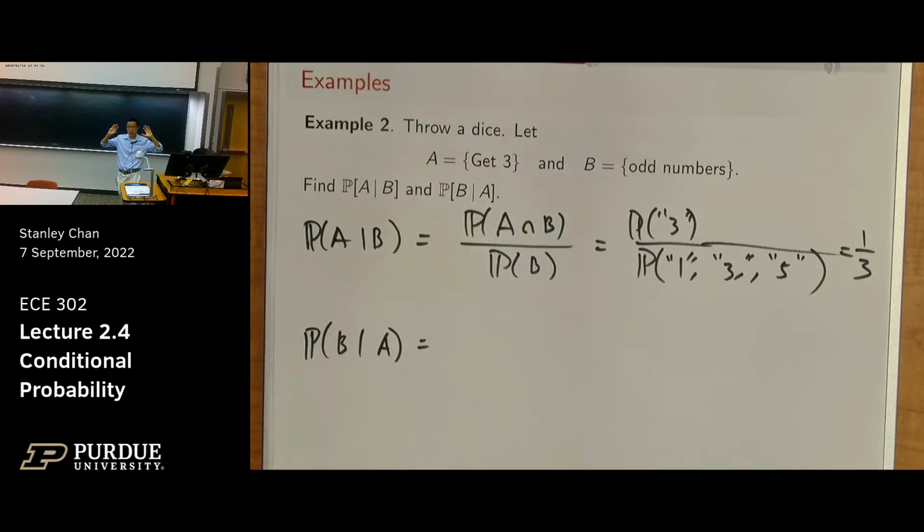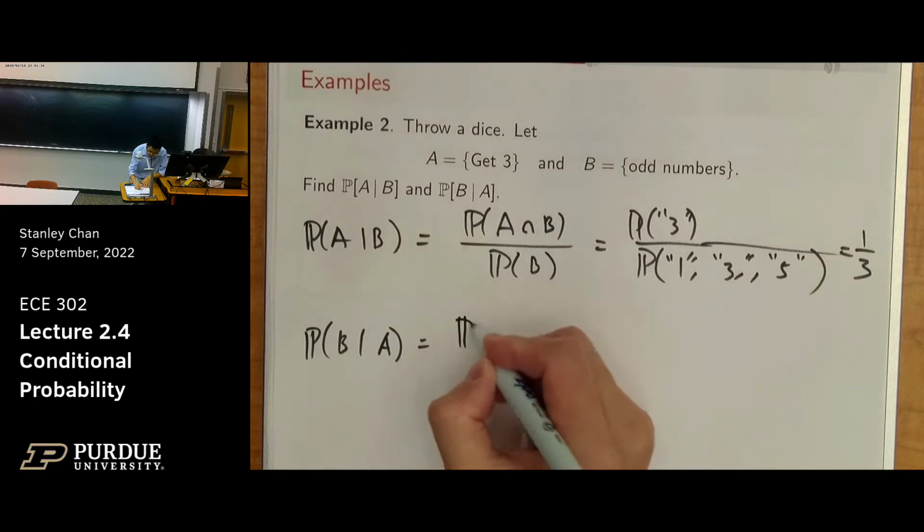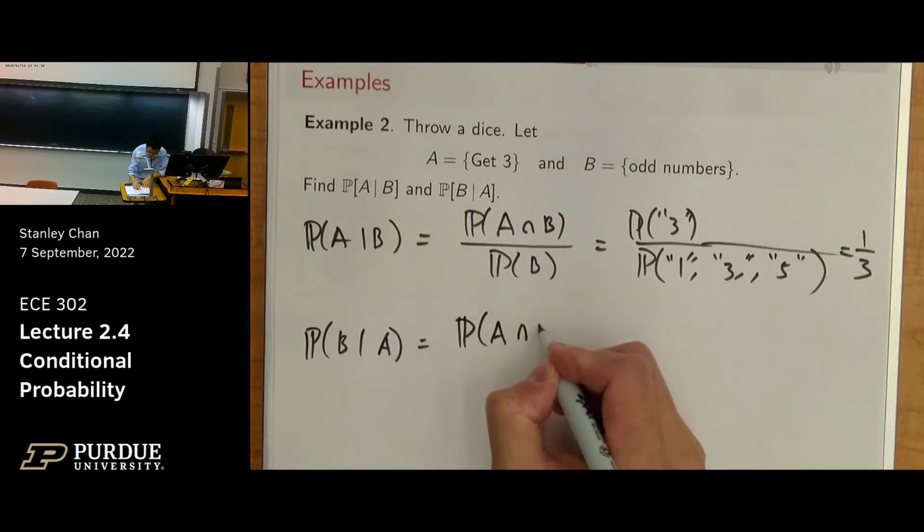The suggestion here is that you already get a 3. I tell you that you get a 3. And then what is the probability that this 3 is an odd number? It's obvious, right? It's guaranteed to be an odd number. So what is the probability? It's 1.